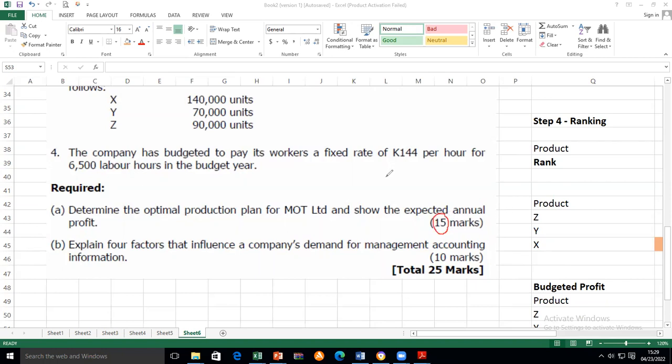And again, because of the variable overhead, which was tricky, and also the labor hours per unit, to me, these were tricky areas. This one and that one. You may end up getting very few marks here.